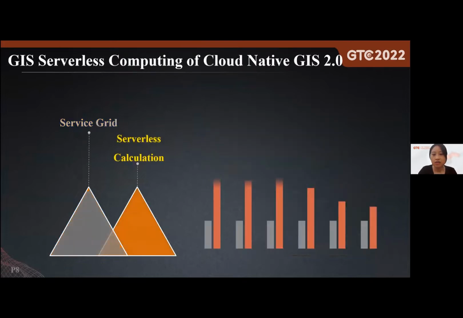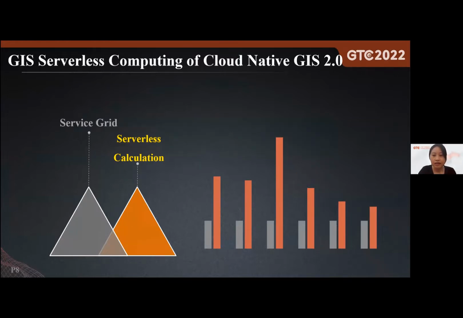GIS serverless computing, that is serverless GIS technology, which is based on a new computing mode, further splits and decouples GIS microservice capabilities, greatly improving the flexibility and toughness of the system at the same time.